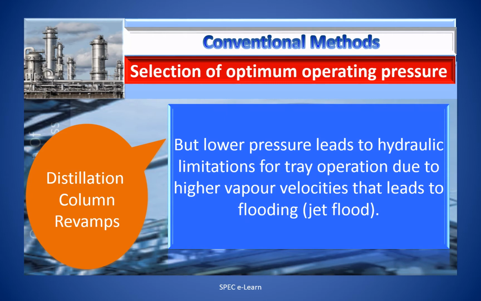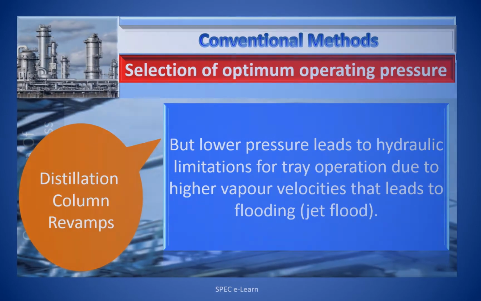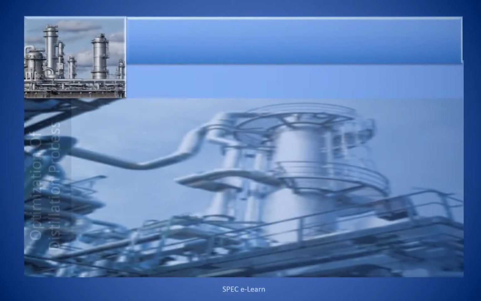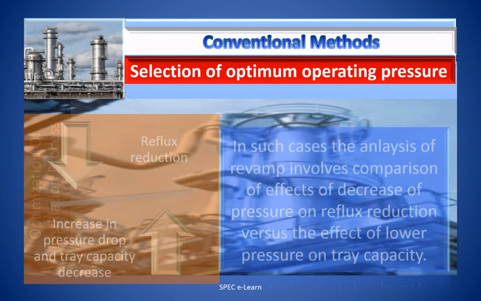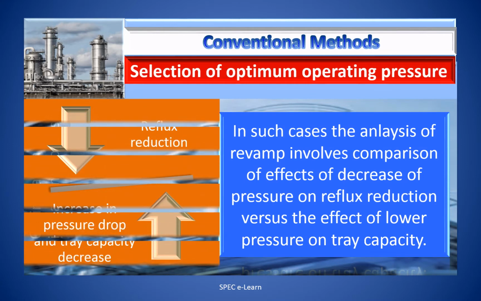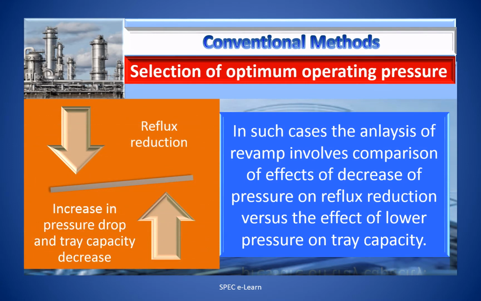Lower pressure leads to hydraulic limitations for tray operation due to high vapor velocities that lead to flooding, jet flood. In such cases, the analysis of revamp involves comparison of effects of decrease of pressure on reflux reduction versus the effect of lower pressure on tray capacity.